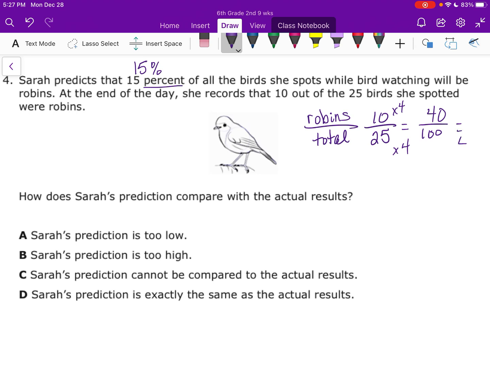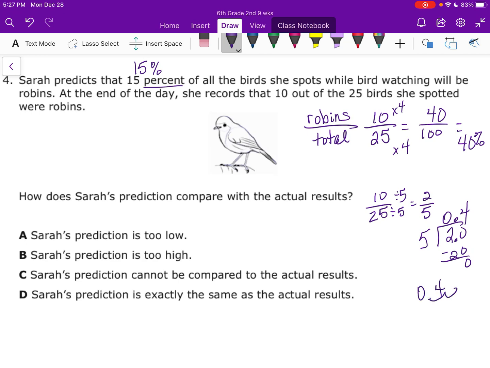So 40 per 100 is 40%. Okay, just to do both, that would be 2/5, right? You do neato, numerator in, denominator out. That'll be 0.4. And then move it. So it'll be 40%.